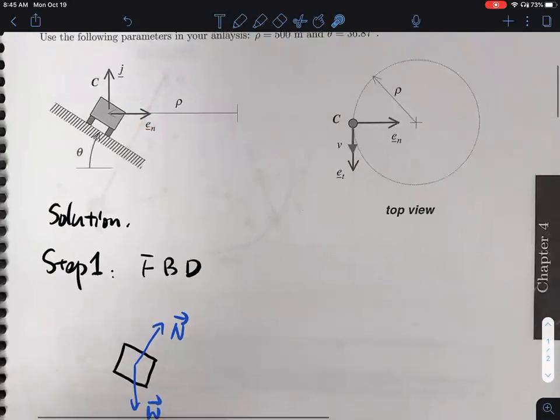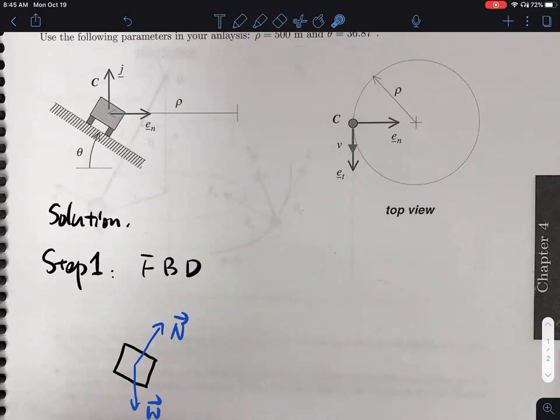I have a question here. On this left diagram, why do we only have an E_N and a J? Where's our E_T? Yeah, so at that view, E_T is pointing out of the page, out of the screen.